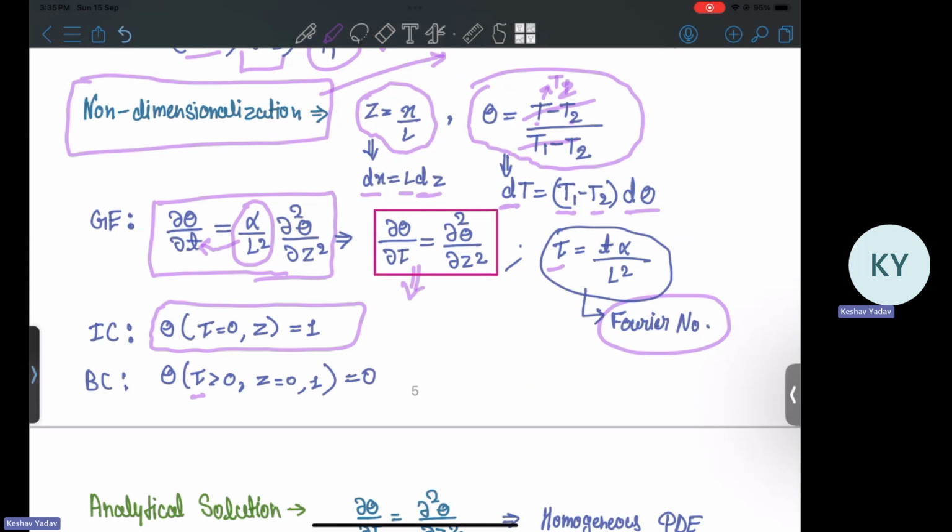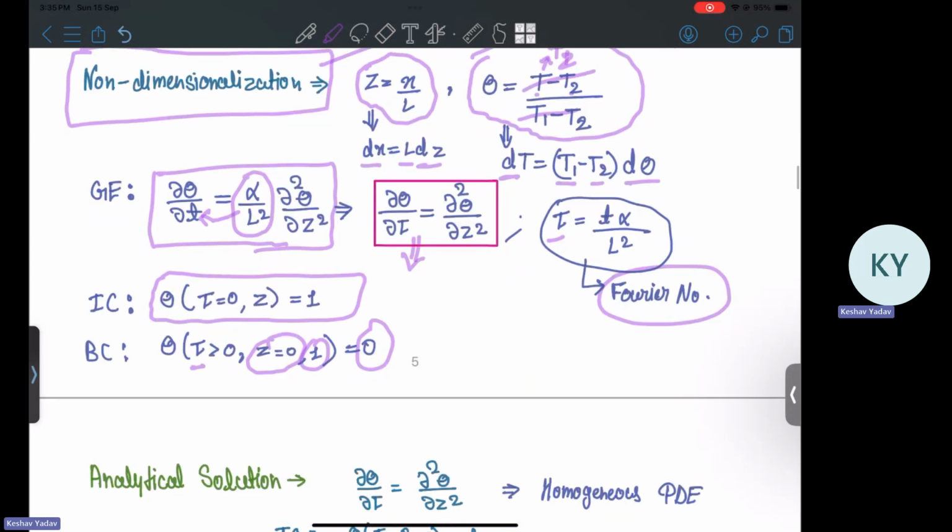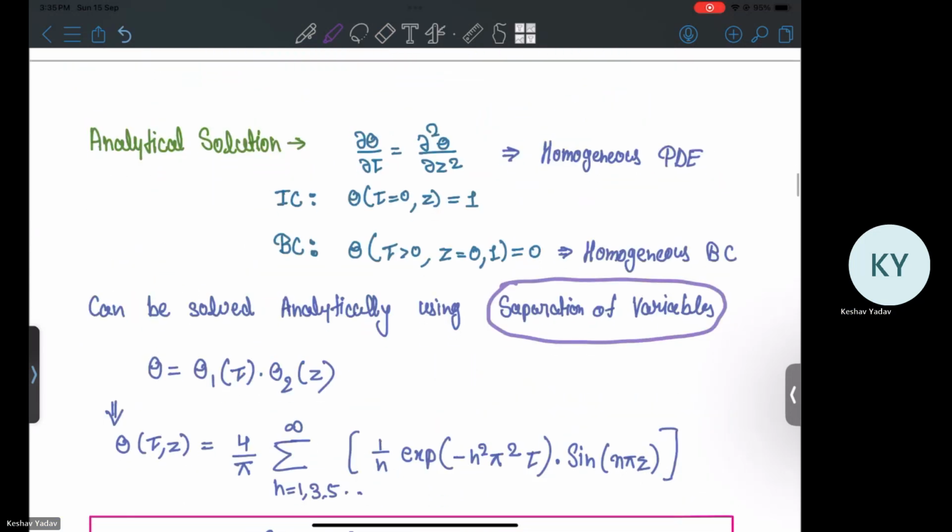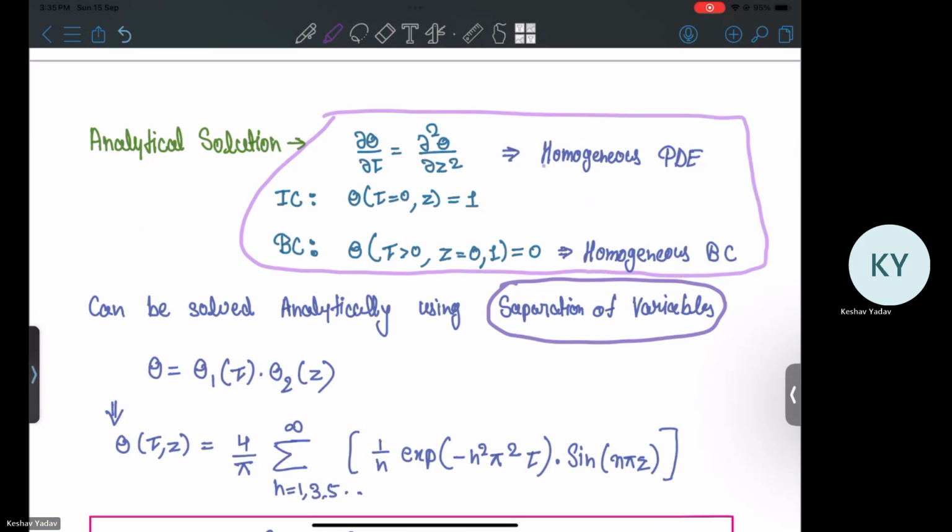Means what? If tau is greater than 0 and z equal to 0 and z equal to 1, theta will be equal to 0. Okay. Fine. So this is what we have here. So this is my governing equation, this is my initial condition and this is my boundary condition.